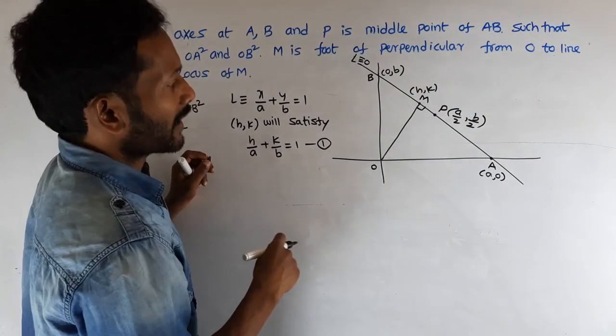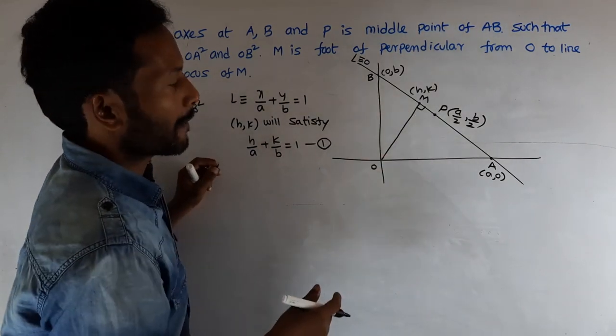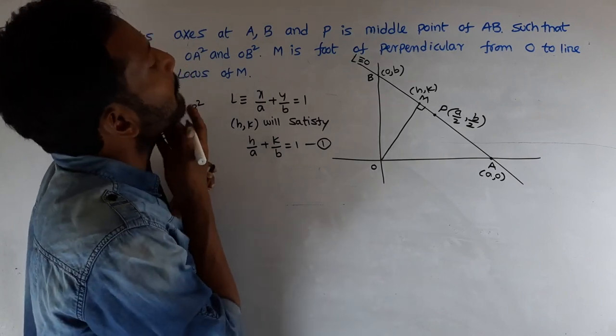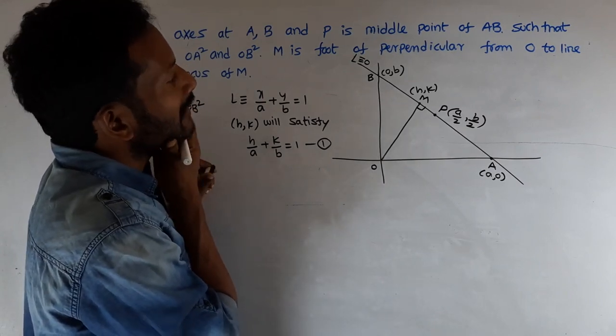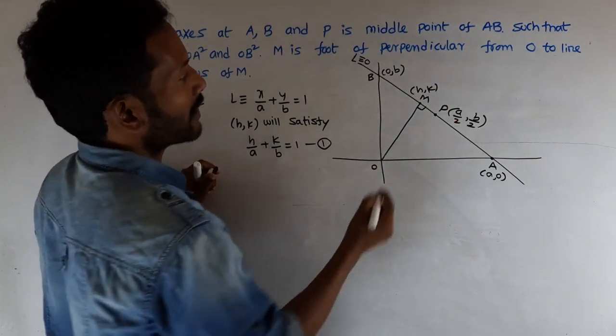Next we have to find the line equation of OM. Here OM is perpendicular to this line L. So what is the slope of AB?